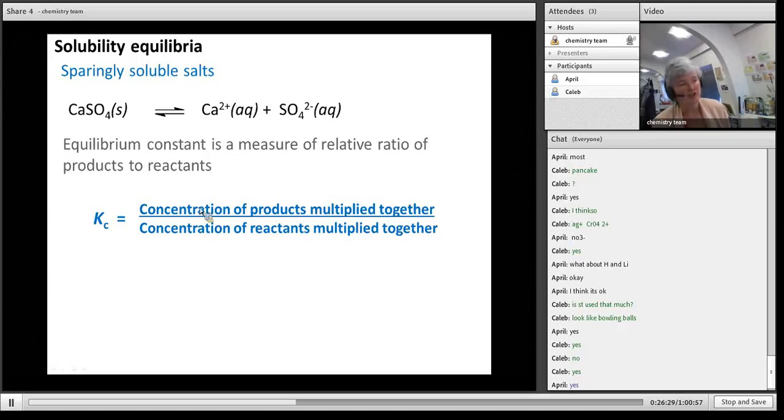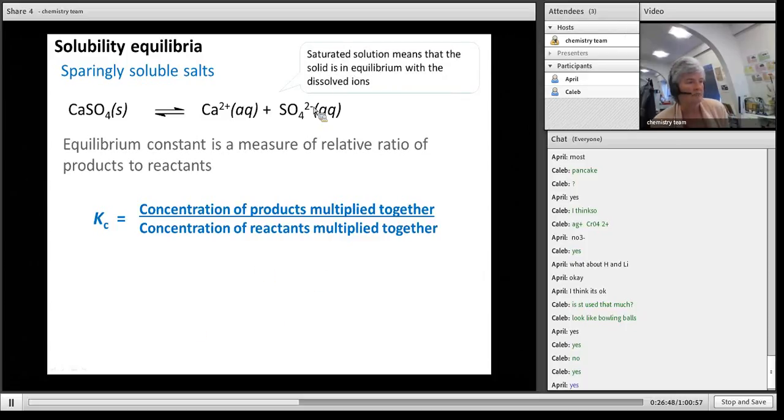So concentration of products multiplied together divided by the concentration of the reactants multiplied together. So it's just simply a ratio. So if I've got more of one, then the reaction can go backwards, and if I've got more of the other, then the reaction will go forwards. We get an idea of where that equilibrium position lies.